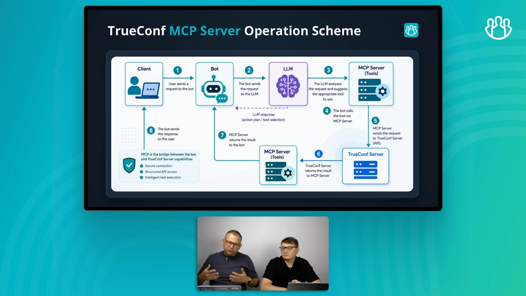The idea is that we give the AI agent instructions in pure English, and the AI agent breaks down that sentence into different calls of different tools available on the TrueConf Server MCP server. It could be a single call or multiple calls, depending on the sentence, which could be quite long.